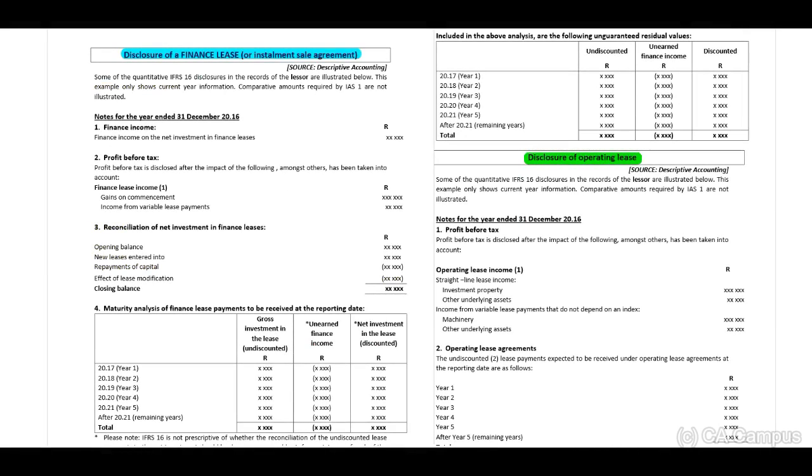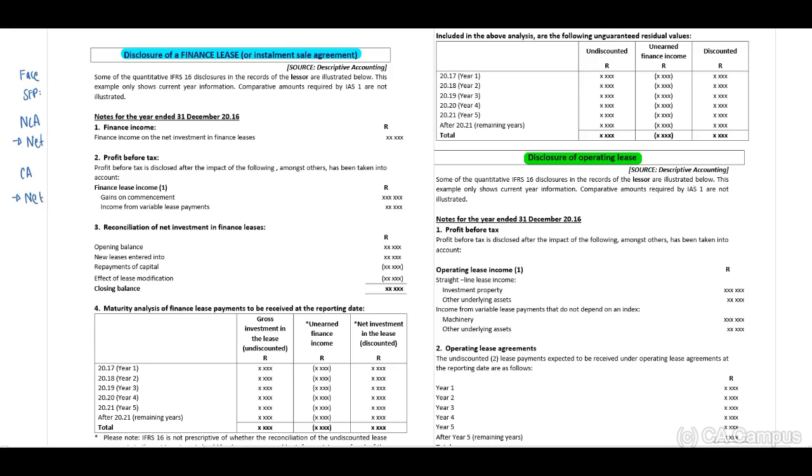This is your template for the disclosure of a finance lease in the lessor's records. Now, when we look at a finance lease, you need to know that on the face of your statement of financial position, in your non-current assets, you will have a line item net investment in the finance lease, and included in your current assets, a line item net investment.